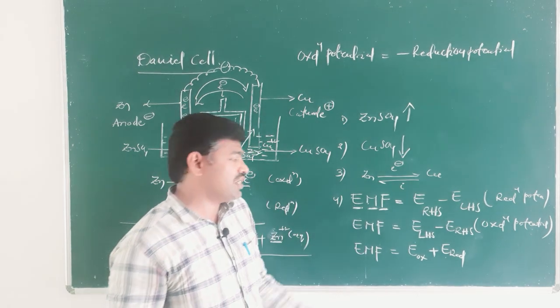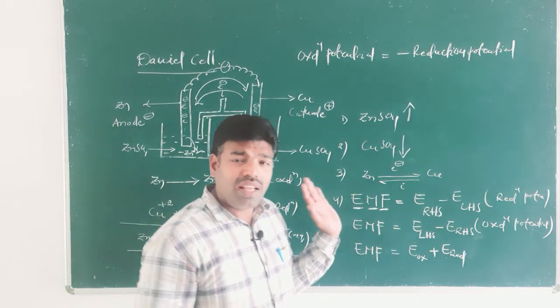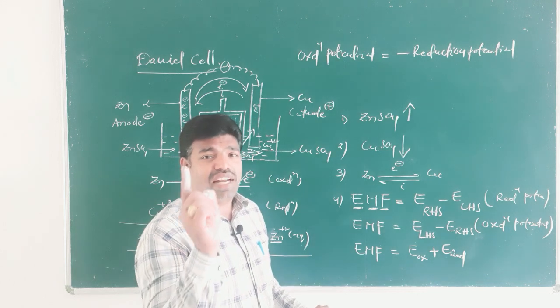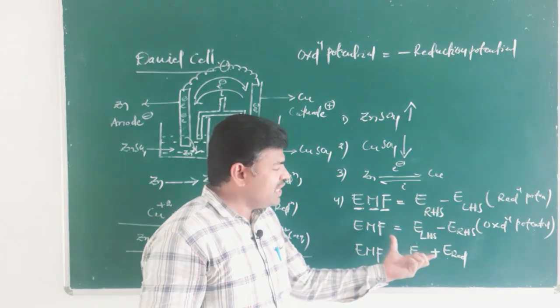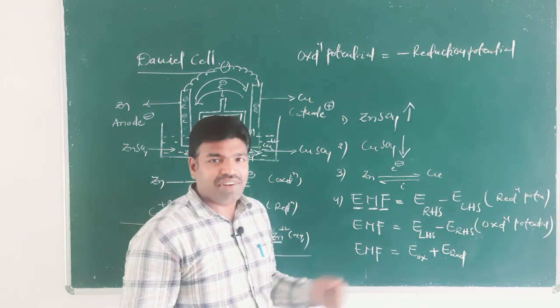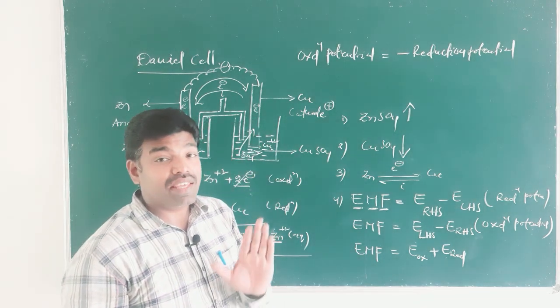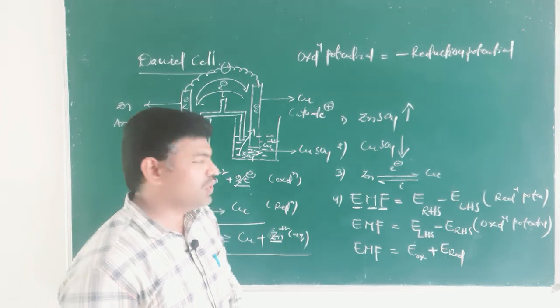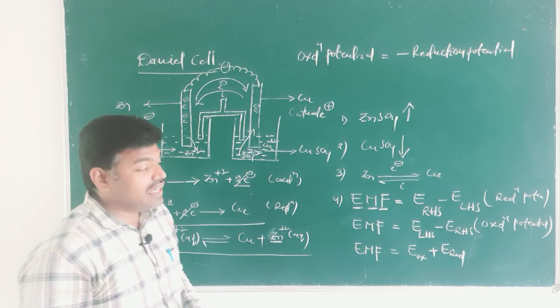If we have oxidation potential at left hand and reduction potential at right hand, then we add those two potentials, and we can get the EMF, right? So this is the calculation for EMF.